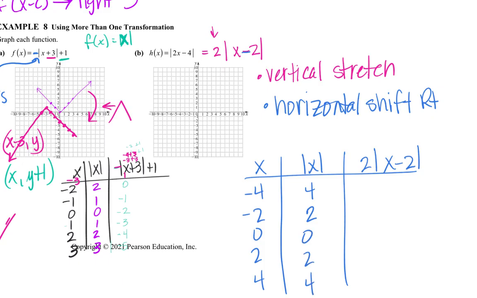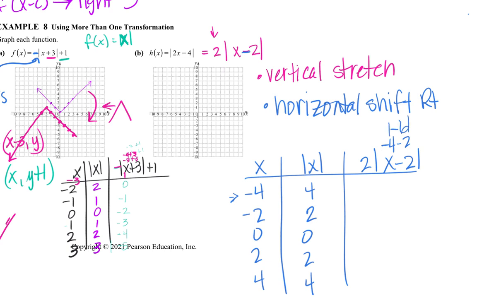Now take these values and plug them into the equation. So we get negative 4 minus 2, that's negative 6.